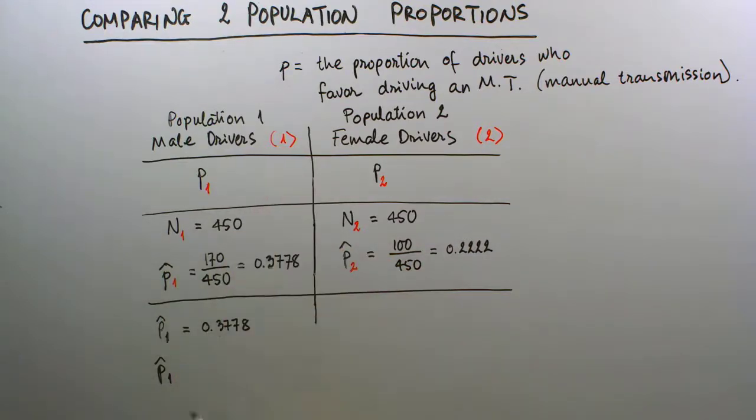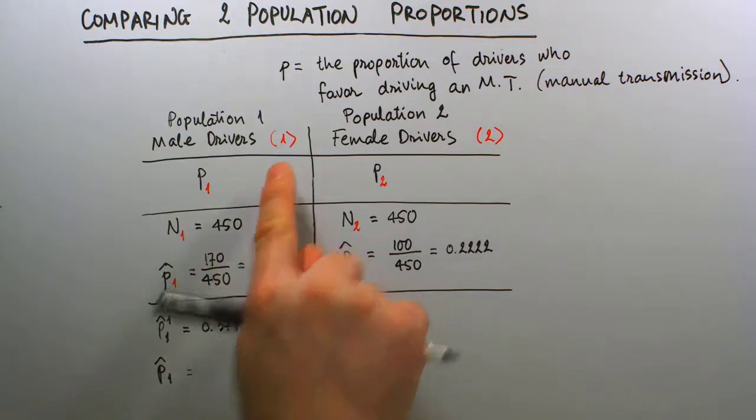And so we had another p hat value. It could be the same value or a different value from this first p hat, but my point now is that we can end up with a lot of p hat values, a lot of sample proportion values. So to name who's the first one, we use a superscript. So p hat 1 with superscript 1, that's indicating that this is really our first sample.